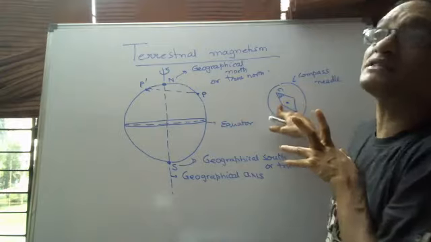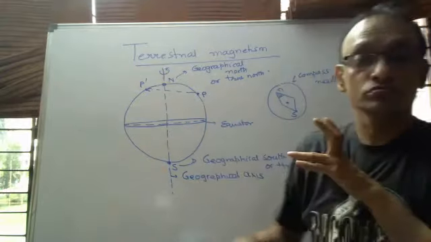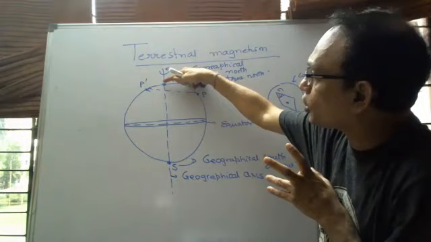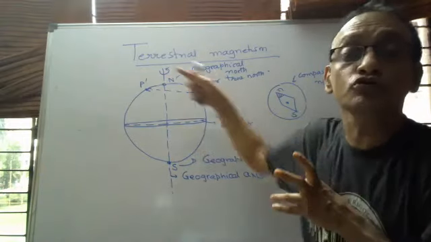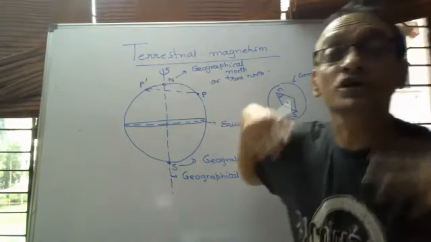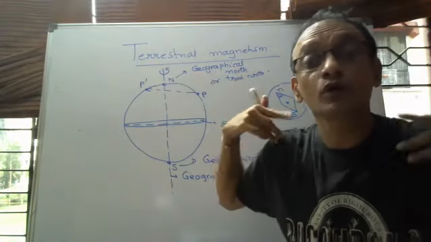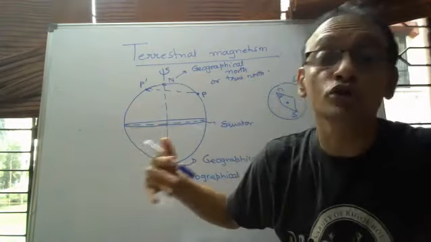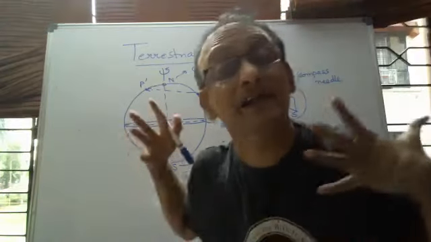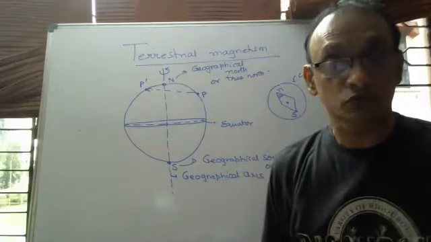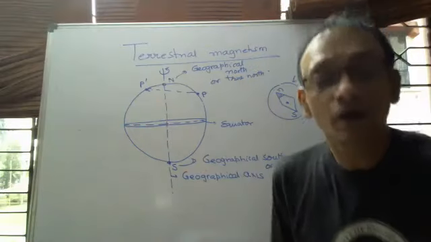According to this compass needle, what is the north? This is the geographical north pole, geographical south pole. But according to the compass, what is the north? The magnetic north. This will take me to what is called the magnetic north of the Earth, not the geographical north. So then why?